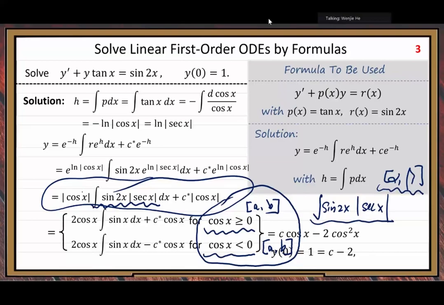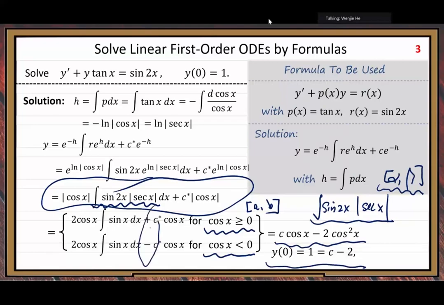Then we can get this final simplified version, because at the end, the C star part plus or minus can be represented by one C, right?